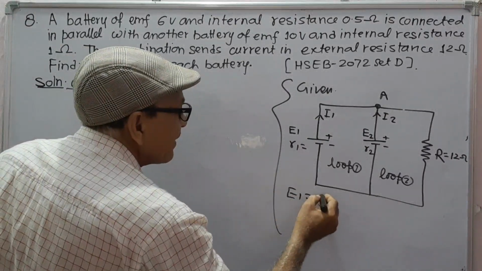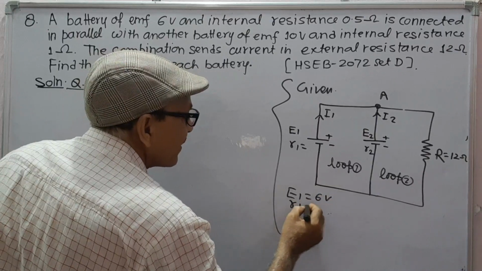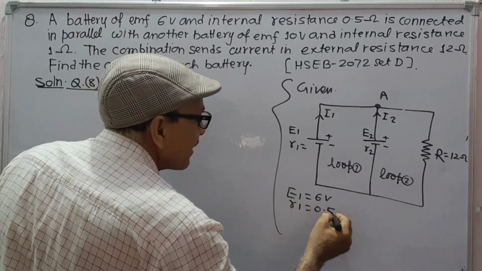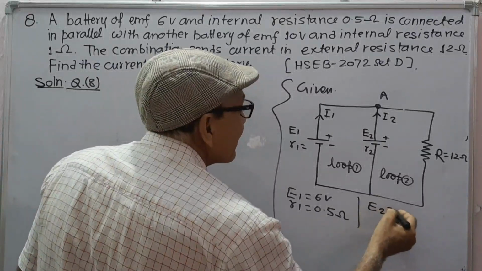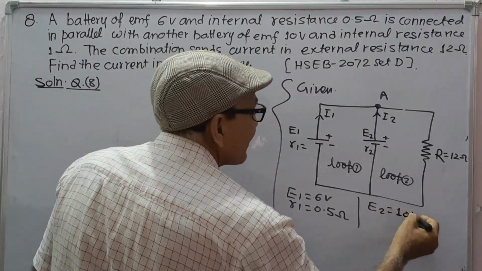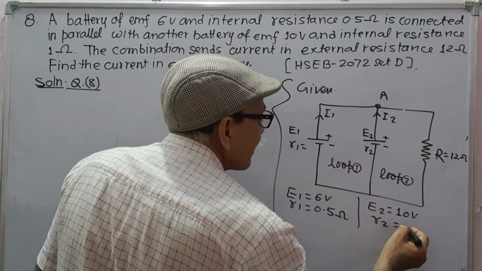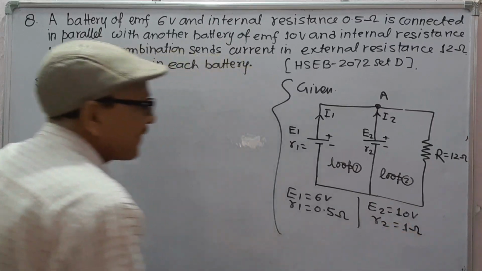E1 is 6 volt, R1 is 0.5 ohm, E2 is 10 volt, R2 is 1 ohm.